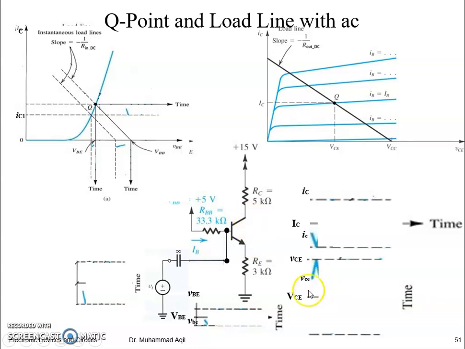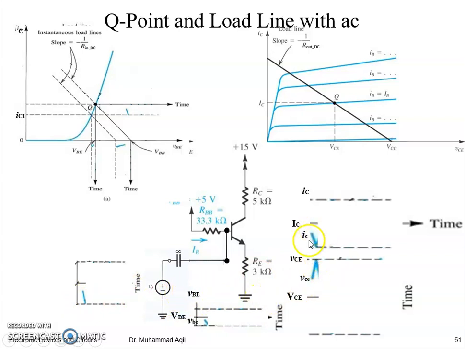So VCE, when we had DC VCE here, it was 4 volts, and this AC VCE, the increasing effect, when added with the DC one, makes the total VCE increased at that moment when the negative peak of Vi was present.